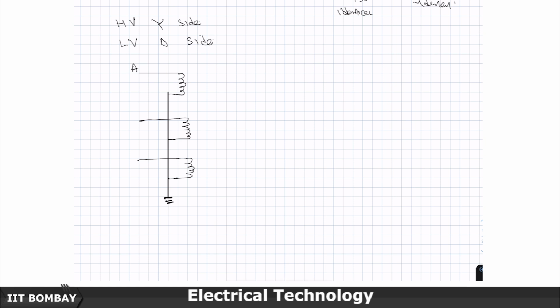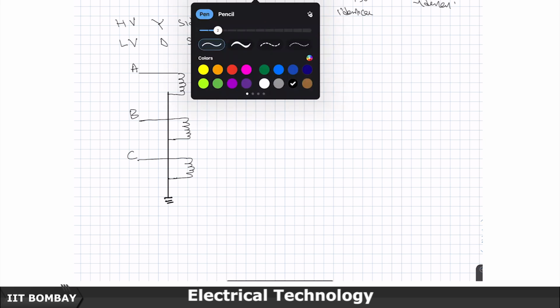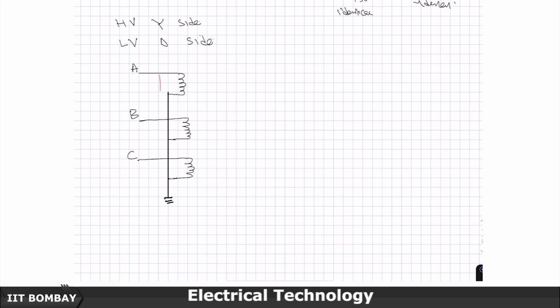So, I call this A, I call this B, this I call N. This is VAN, this is VBN, and this is VCN. This is VC.